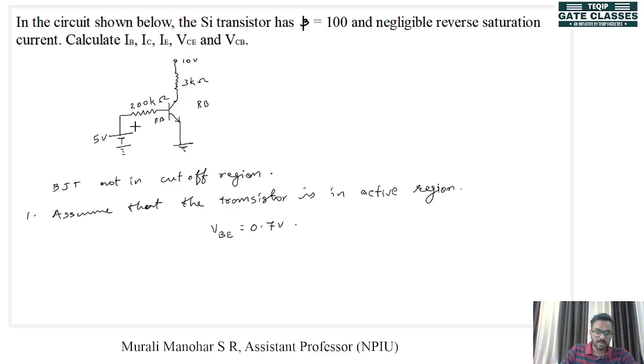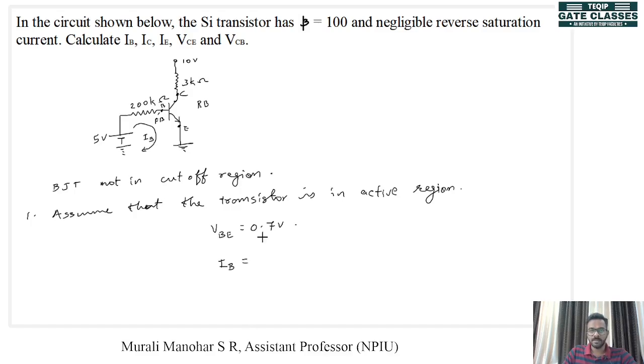So we can apply KVL in this loop. There will be a current flowing here, which will be IB. Here the voltage VB is 0.7 volt. This is base and this is emitter and this is collector. VB is 0.7 means we can find out IB.